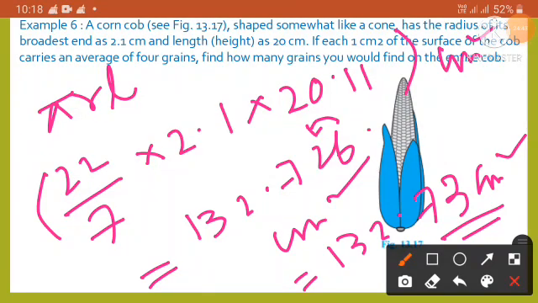Now we have to find out the number of grains on the entire curved surface of the cob. We already got that the curved surface area of the corn cob is 132.73 centimeter square, and the number of grains of corn on 1 centimeter square of the surface of the corn cob is 4.